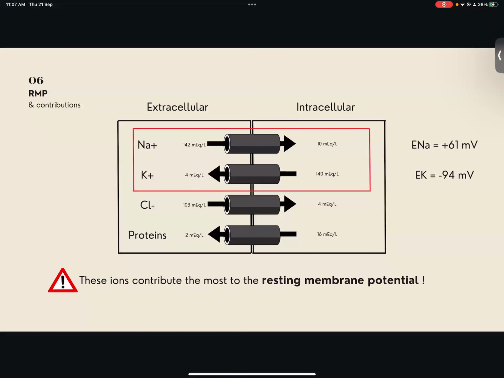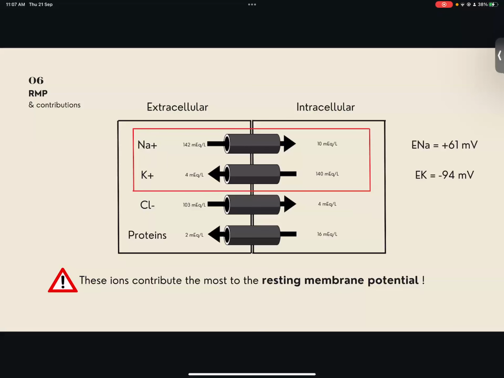In the case of this lecture, they're only important when we're talking about the membrane potential. So I just want you to remember the numbers as they are: positive 61 for sodium, negative 94 for potassium. You don't really need to remember the specific number, because sometimes it's a range. In books, sometimes they'll say that potassium is negative 90, or negative 95, negative 96. So it's sort of a range.